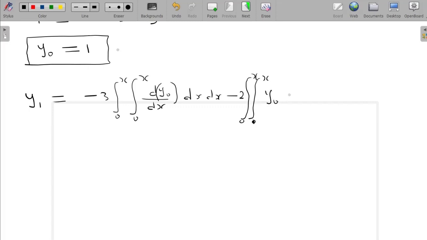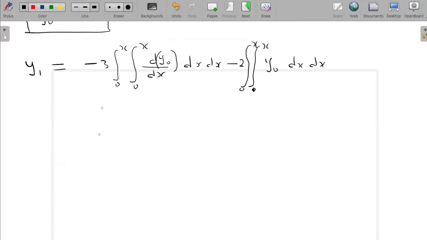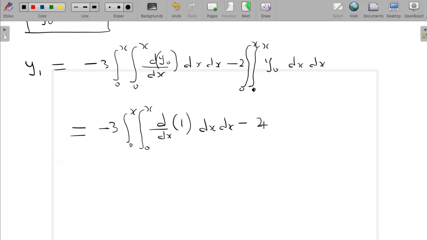The next thing now is to make substitution. Differentiating y naught gives 0, so we have minus 3 integral from 0 to x, integral from 0 to x, of 0 dx, because our y naught is 1, minus 2 dx for our y1.